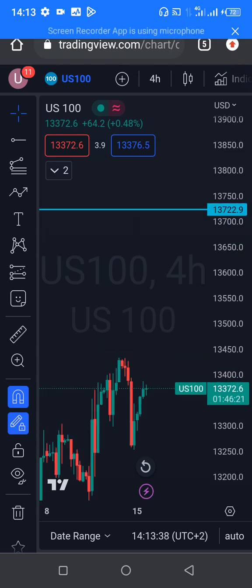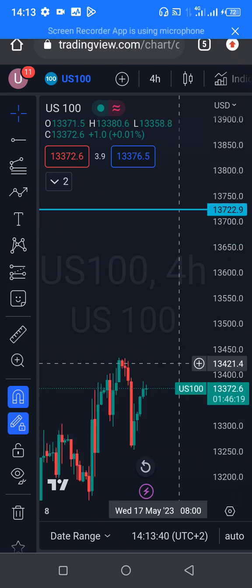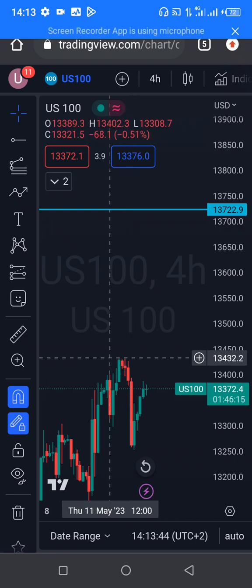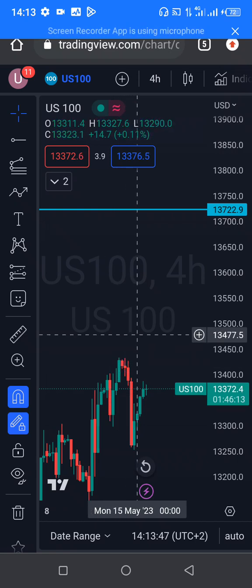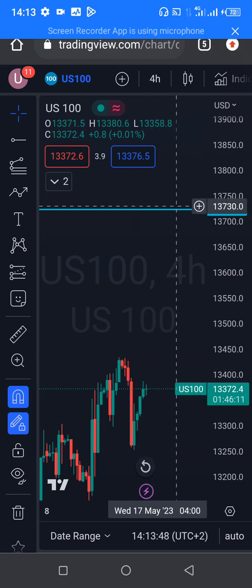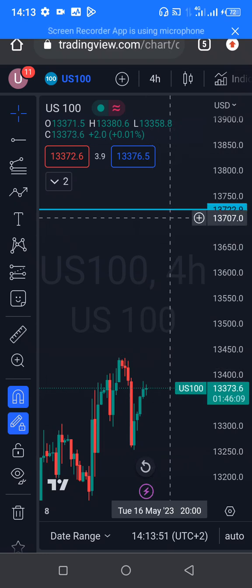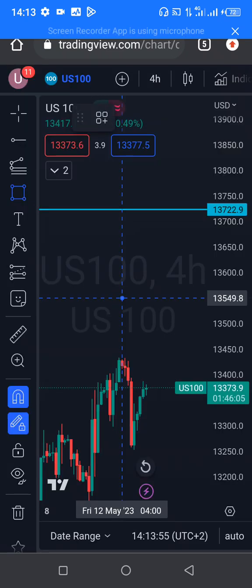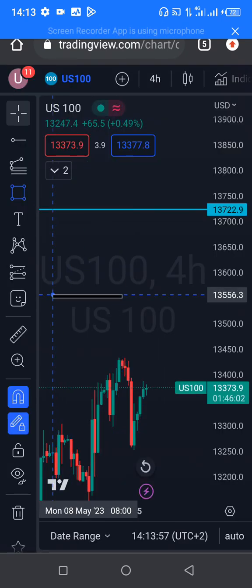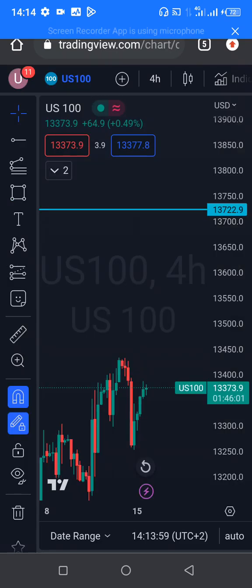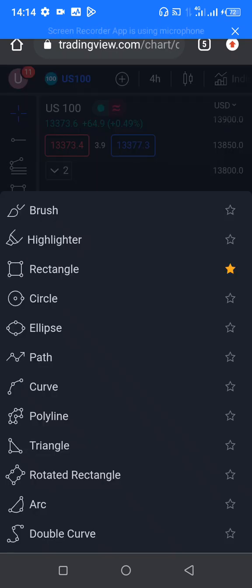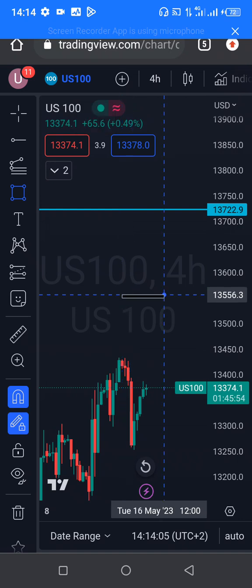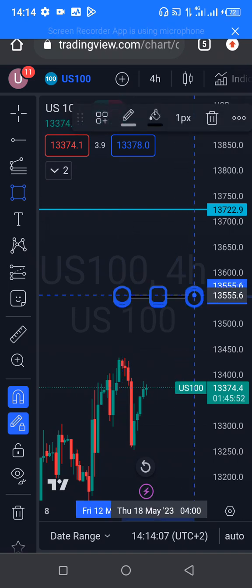So for our 4-hour time frame, I'm going to expect a break here, break of structure, break, retest, and then shoot up to 137. So let me draw my resistance, which will become a support when this thing forms, when this thing retests.